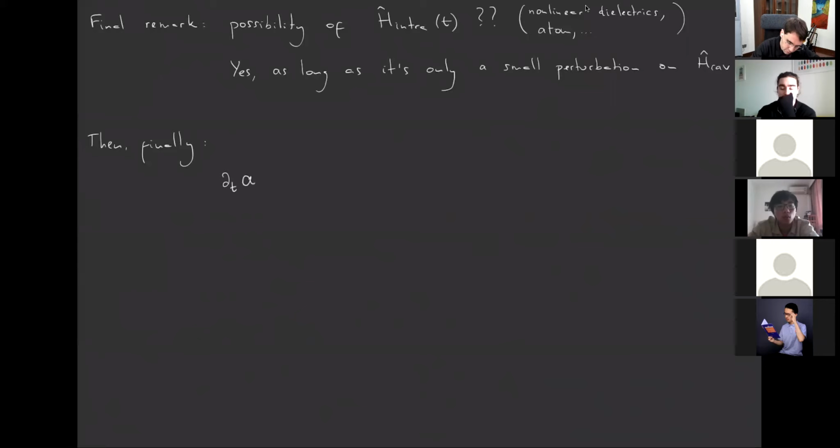So we have that the time derivative of the intracavity operator has different contributions. So the first contribution is A of t, then we have minus gamma plus i omega c times a, then we have the commutator of any intracavity Hamiltonian that you like, that might even be time dependent.